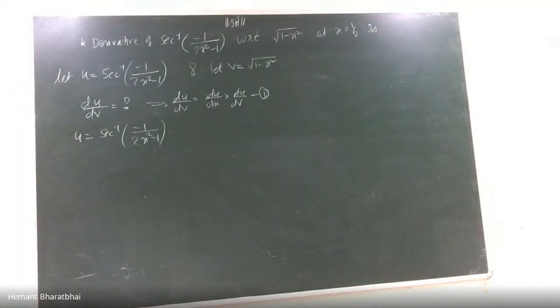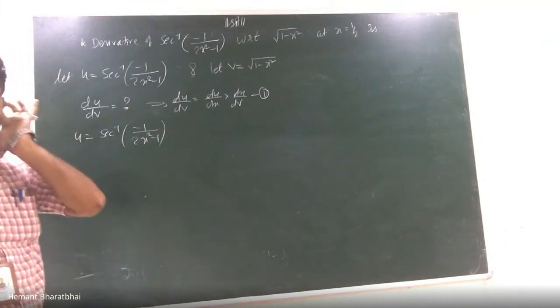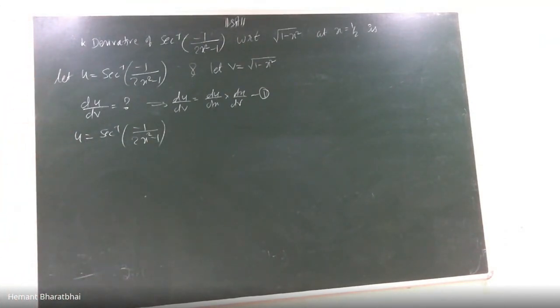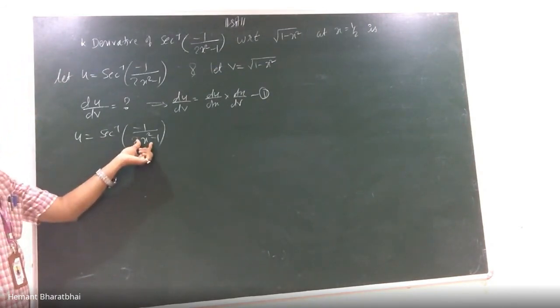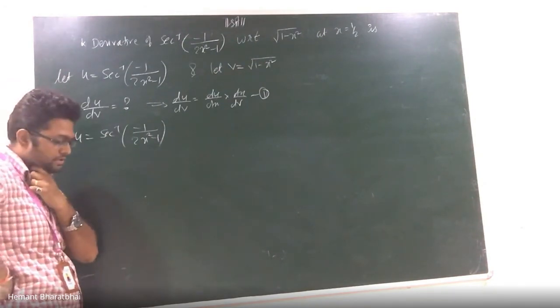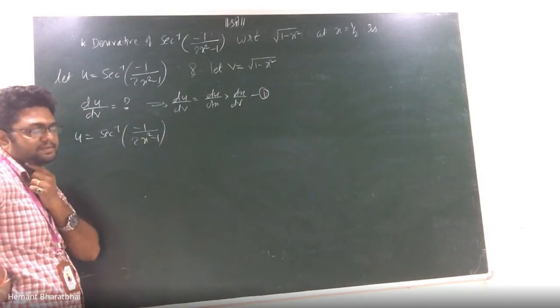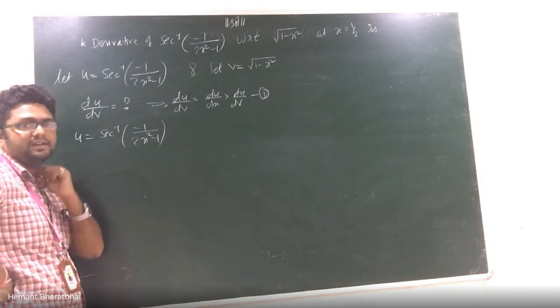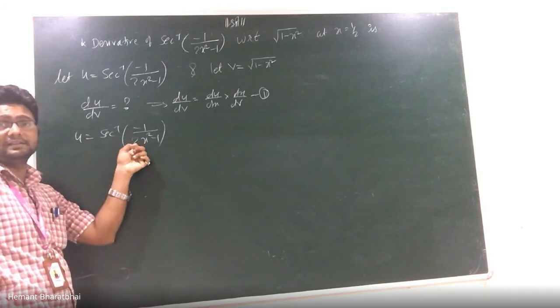So by chain rule it will become very difficult for us. So we'll go for some substitution. And here you don't have x square minus 1. Here you have 2x square minus 1. So we have this formula: cos 2x is equals to 2 cos square x minus 1. Hence, here I get a similar term.